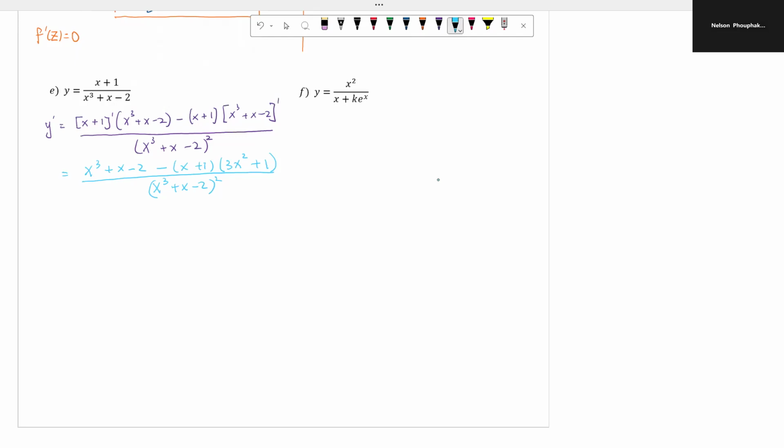Now what I need to do is expand it out and simplify. 3x to the power 3 plus x plus 3x squared plus 1.